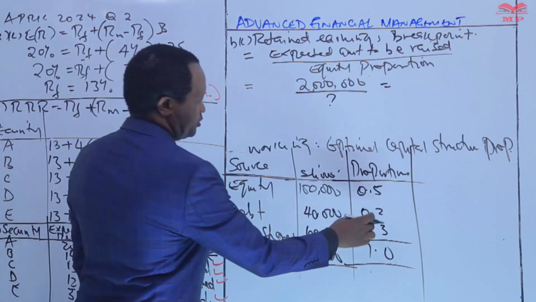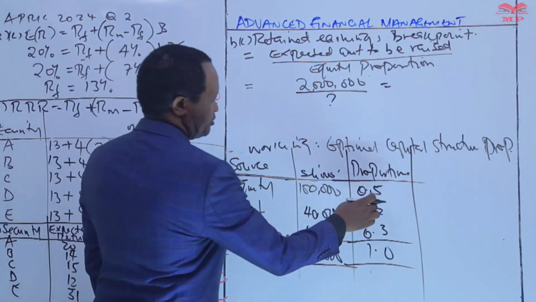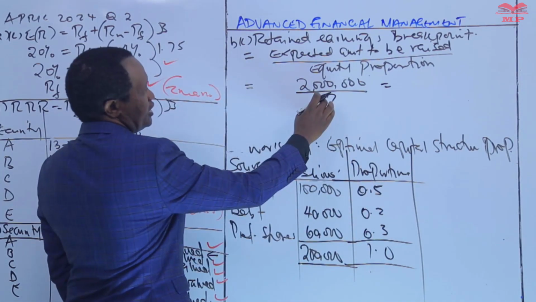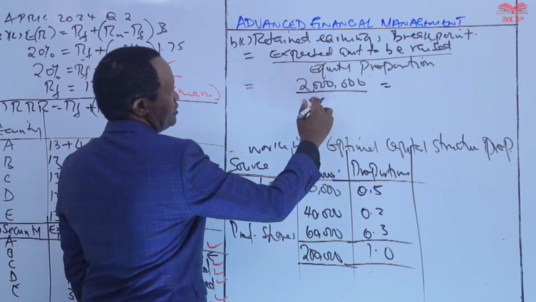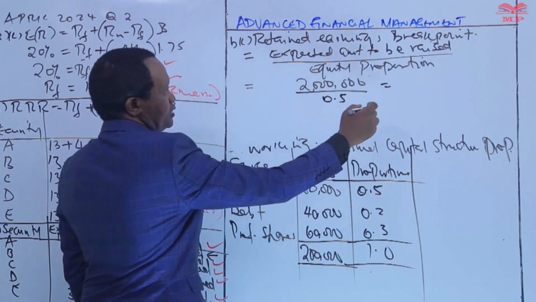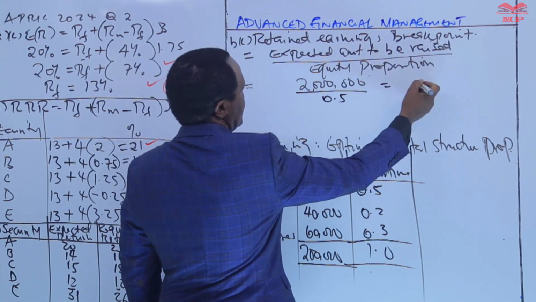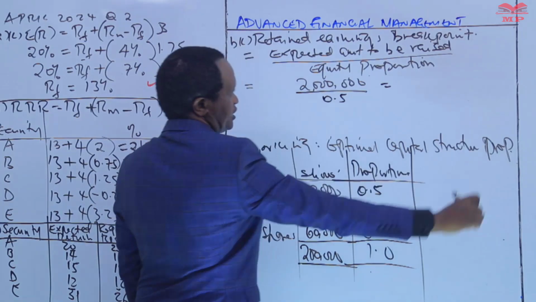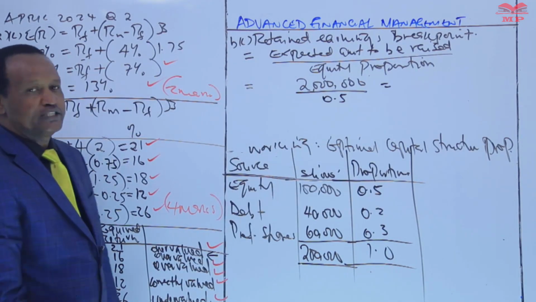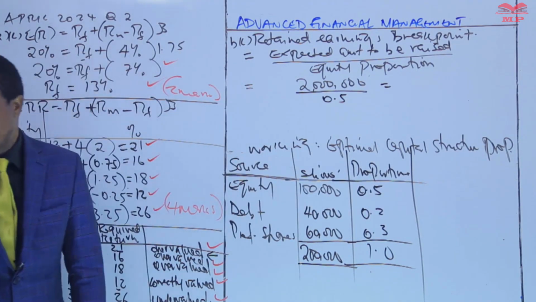So these are the proportions. We are calculating the proportion so that we can apply the proportion here, 0.5, to get the retained earnings breakpoint. Retained earnings breakpoint. How much is it?